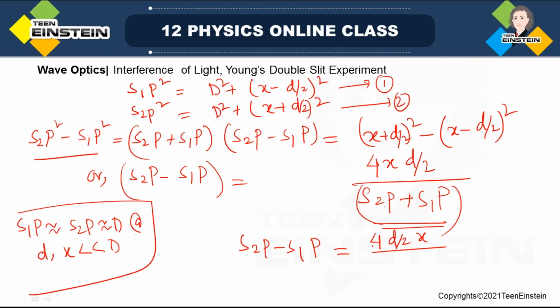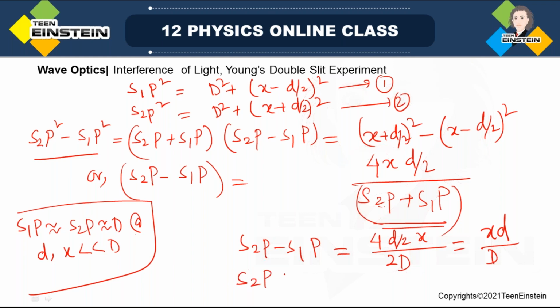This is the approximation. So with this we get 2 capital D in the denominator. If you simplify it, you will get XD by capital D. So this is the path difference.